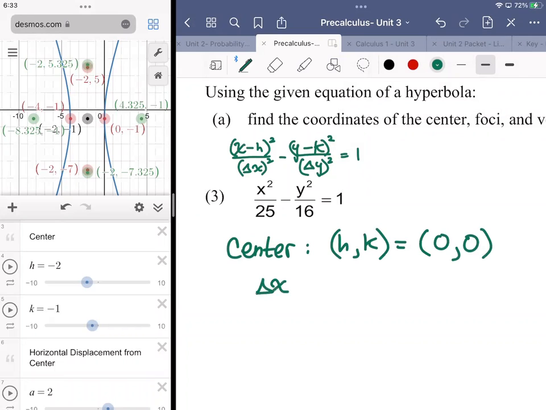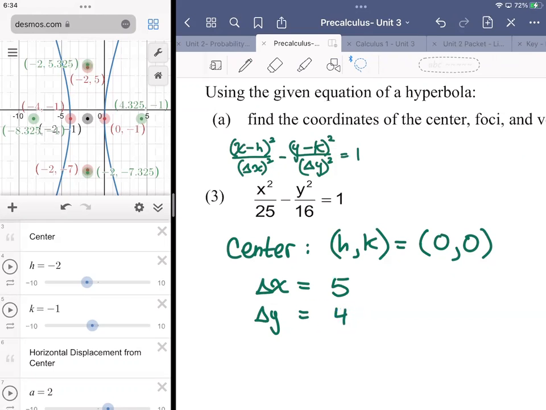My delta x is going to be equal to 5. That's my change from center. You say plus or minus 5, but as long as you know you're going left 5 and right 5, you're good. My delta y is going to be 4. That's the vertical displacement.